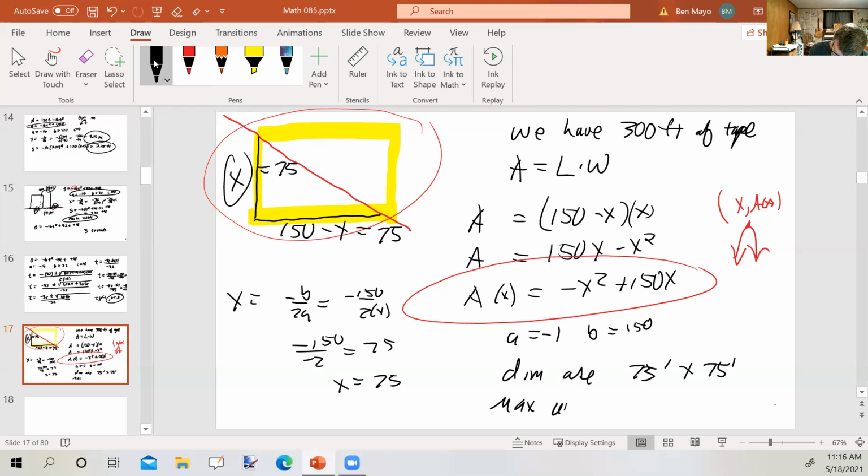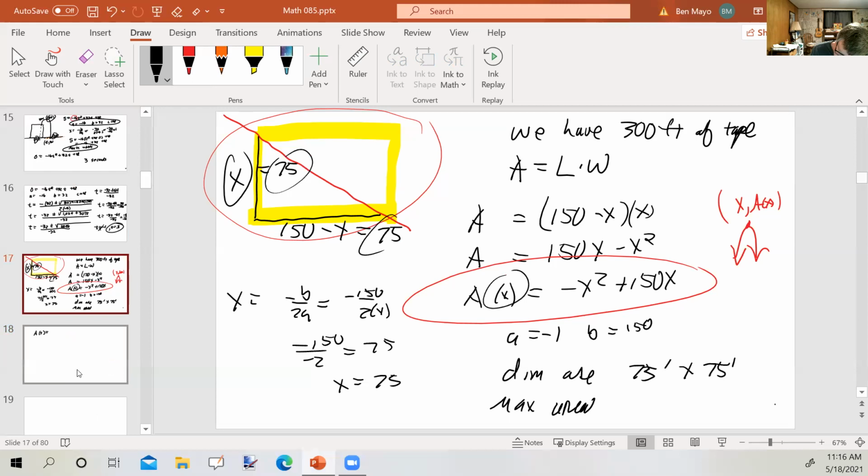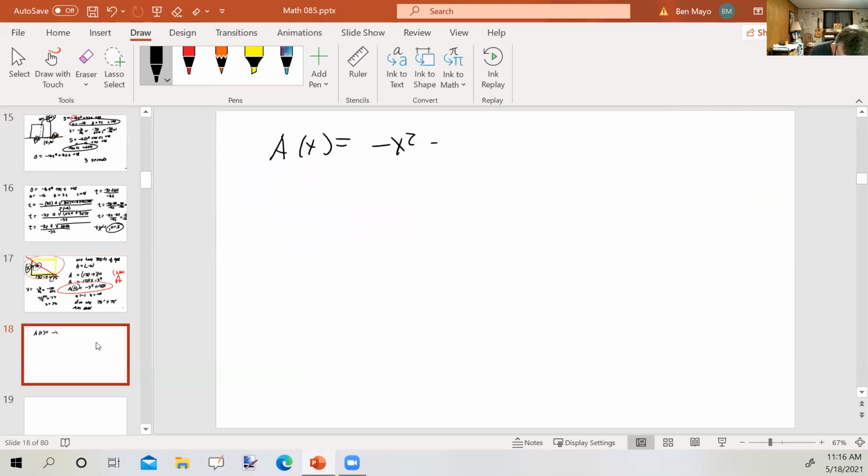The maximum area, we could find it by taking 75 times 75 or finding A of 75. Let's find A of 75. So A of X equals negative X squared plus 150X. A of 75 equals negative 75 squared plus 150 times 75. And let's see, we get negative 75.